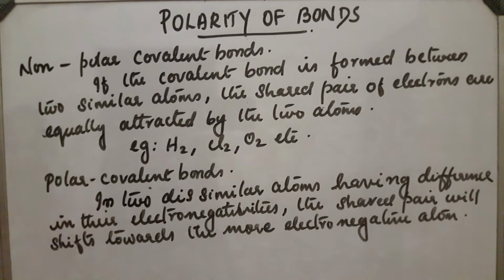In two dissimilar atoms which have a difference in their electronegativities, the shared pair shifts more towards the more electronegative atom.